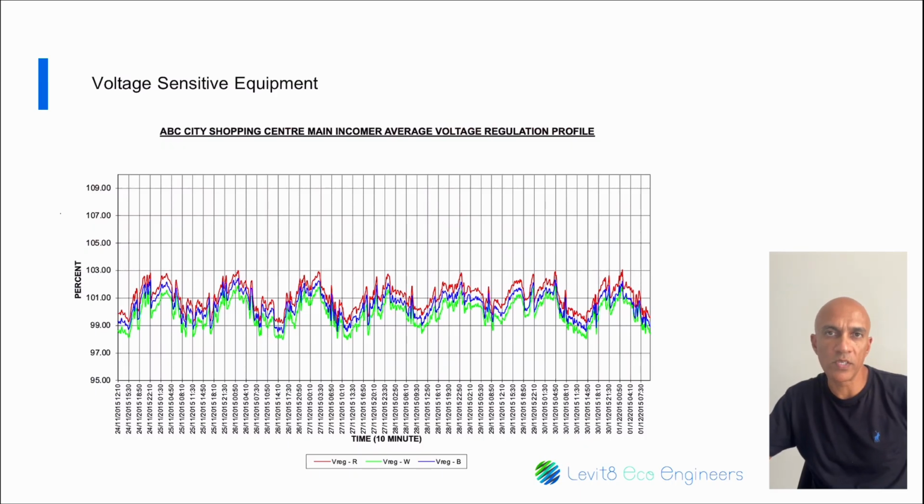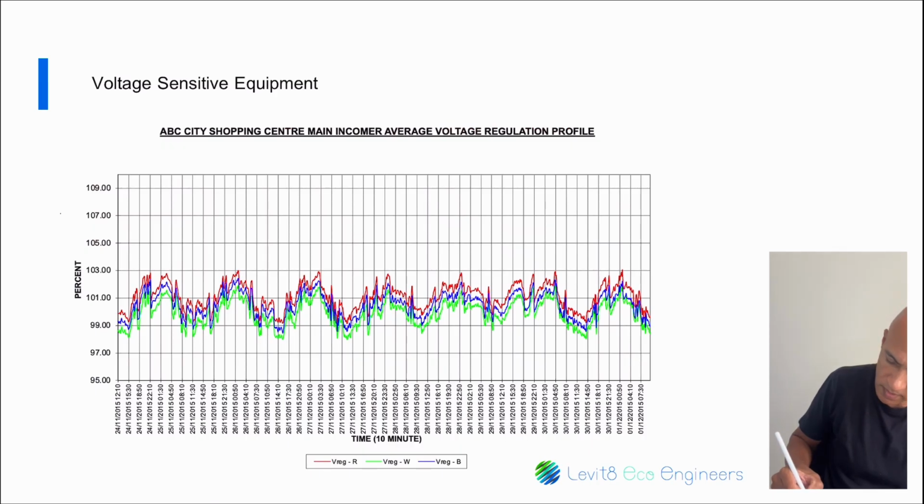Now, if you have a utility supply that's not very reliable, and you know that your voltage is going to go out of those limits very often, then you want to measure for that and take preventative measures. So for sensitive equipment, one would usually connect the equipment through an automatic voltage regulator or through an online UPS, not a line interactive.